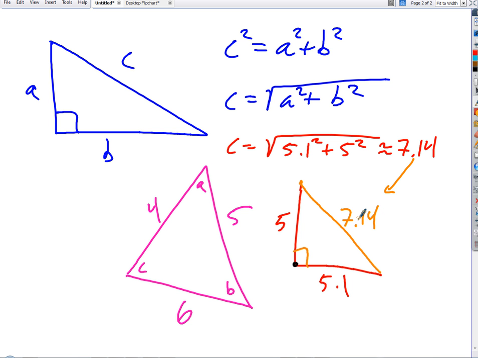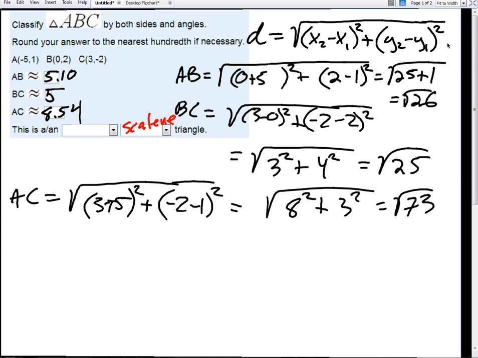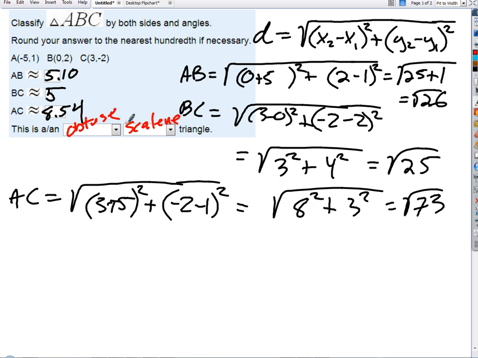Doesn't that mean that the rubber band's going to have to shrink a little bit and bring those angles in? Does that make sense? It's kind of a good strategy, huh? So we can always just compare what we actually have with what the hypotenuse would need to be. And that tells us. So in this case, it's obtuse. Okay? We good? Yep. All right.